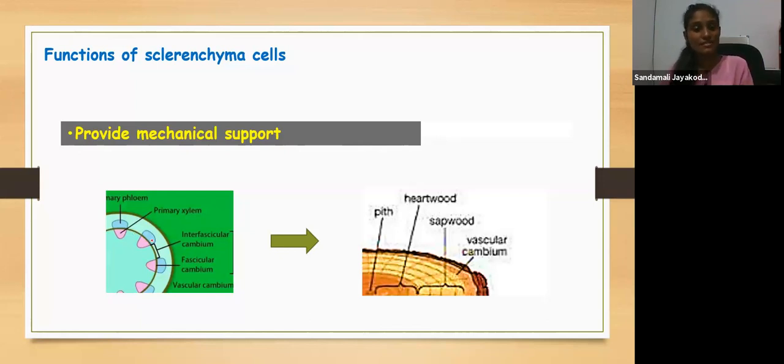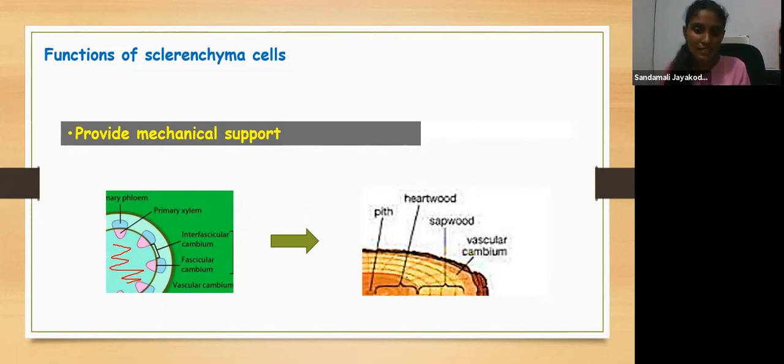There are many cells in a xylem tissue. When we learn about xylem tissue, we learn that most of them are dead cells and they are very strong. They provide mechanical support. When they collect in this area, inside the stem, it provides good strength to the plant.